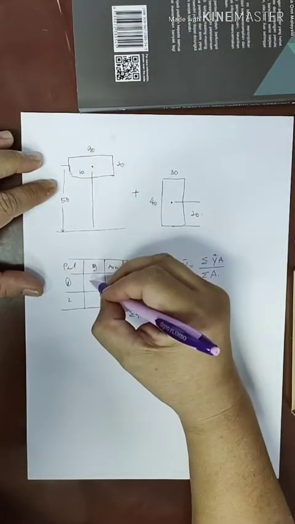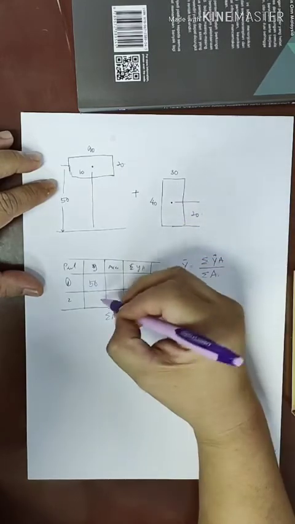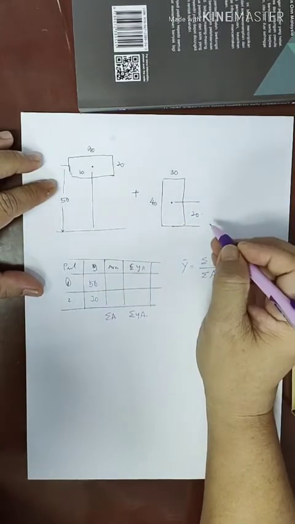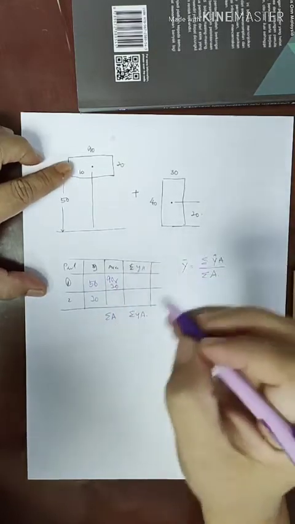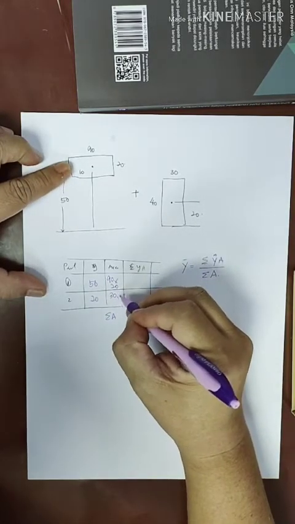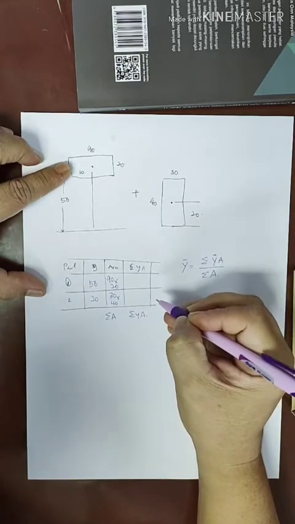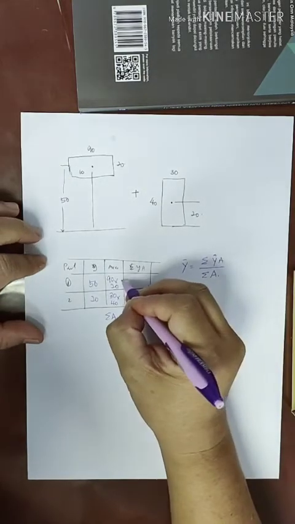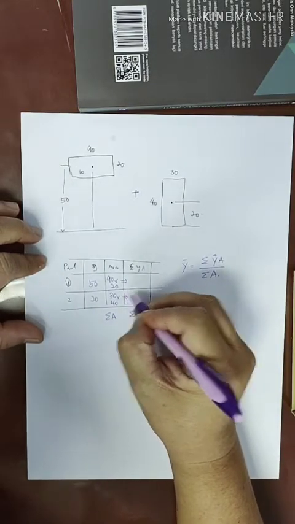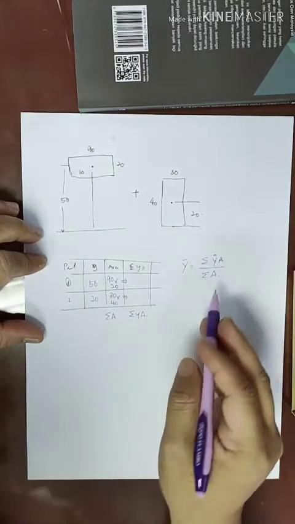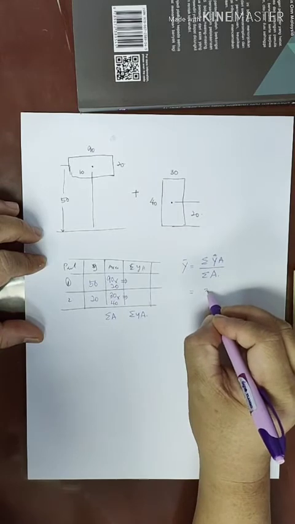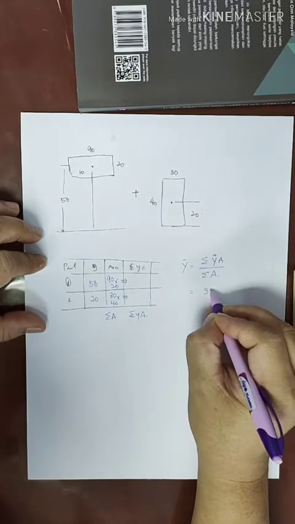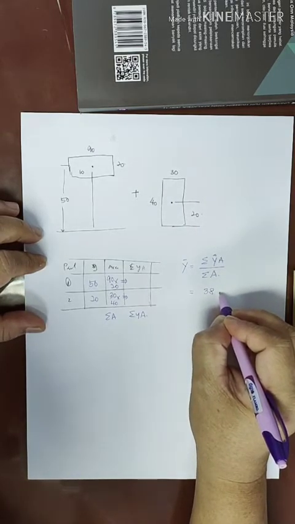So y is 50 for part 1, for part 2 is 20. The area is 90 times 20 for part 1, 30 times 40 for part 2. So what is the ya? Then you can get the answer, which is about 38 mm.